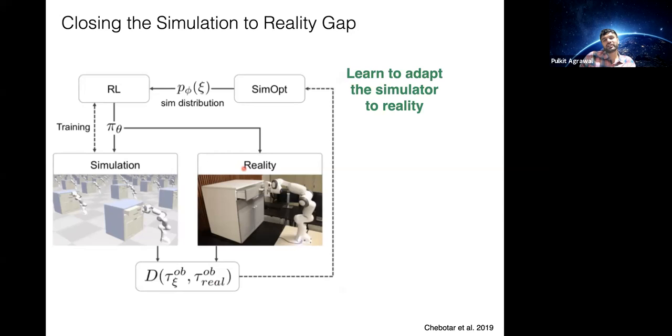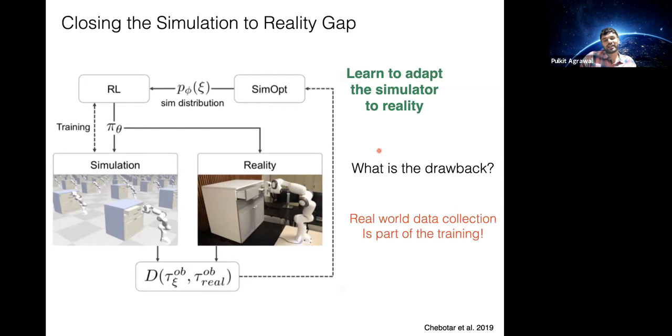So we are learning to adapt the simulator to reality. Now, what's the drawback? The drawback is that we still need to collect real world data, and that is essentially part of the training over here.